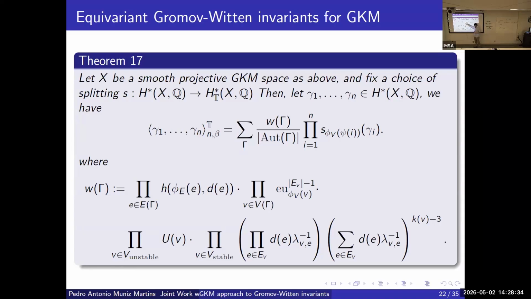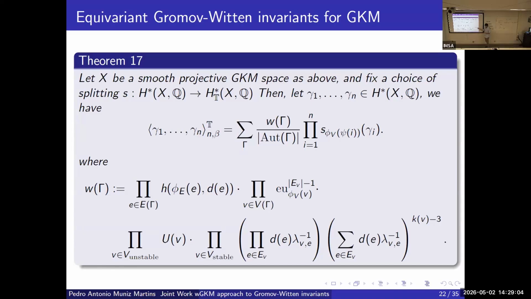This sum is over trees that satisfy the property that I showed earlier: the sum of the edges and the classes equals beta, and they have any marked points. In marked trees, this omega of the tree, we call it the weight, and it has this expression right here. But I will show this on the next slide.